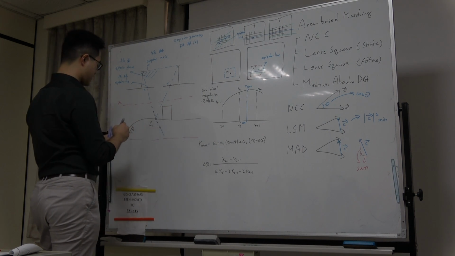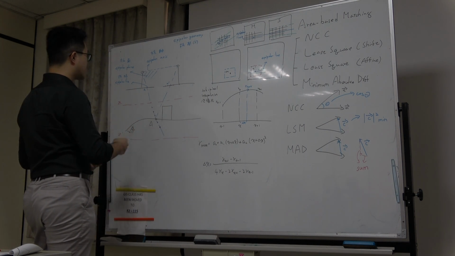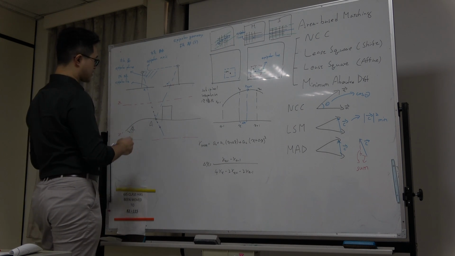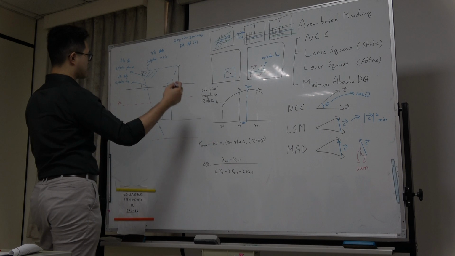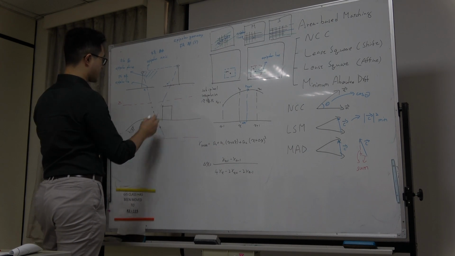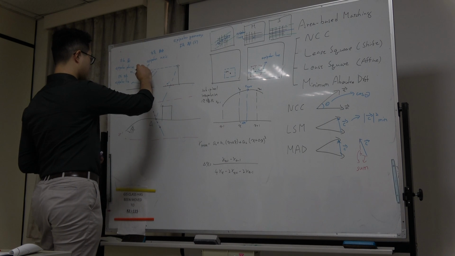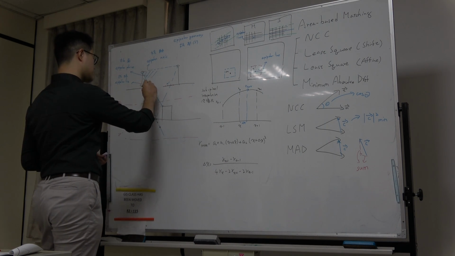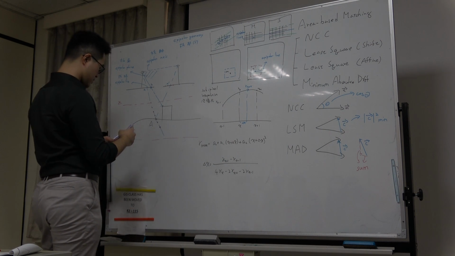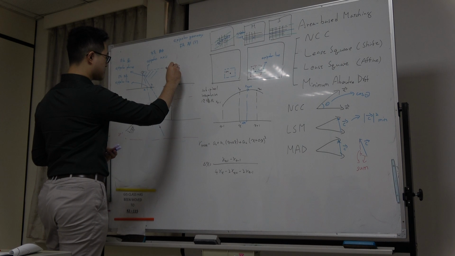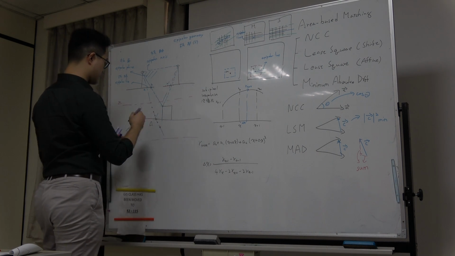We have a building over here, and supposedly the target is, for example, the edge of the building somewhere over here, and then we can find this P point, and what we want to do is to find the corresponding P point here.